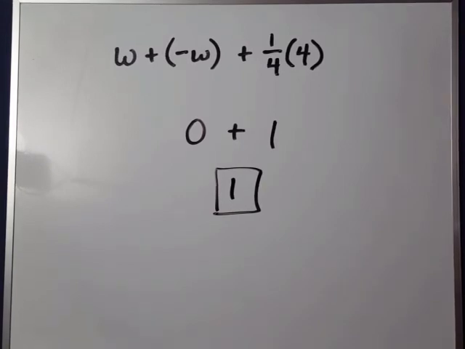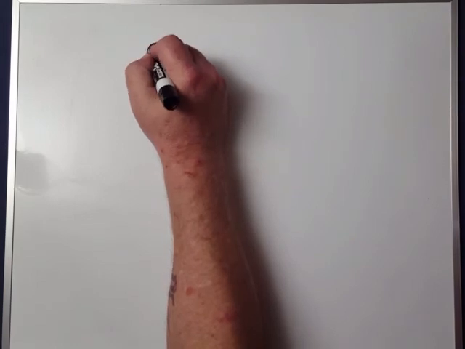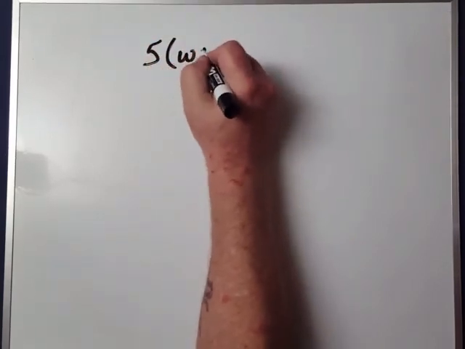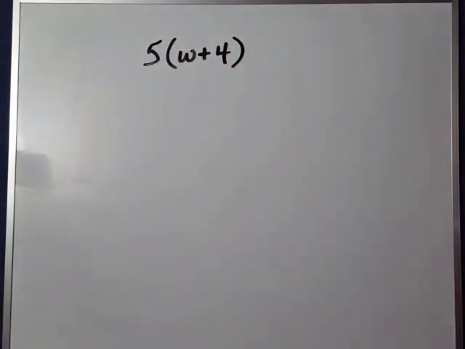Here at the bottom of this page, we're going to practice using the distributive property to simplify expressions. Number 70, just a nice little warm-up problem. The order of operations would have me do what's in parentheses first, but I don't know the value of W, so I can't do what's in parentheses first.